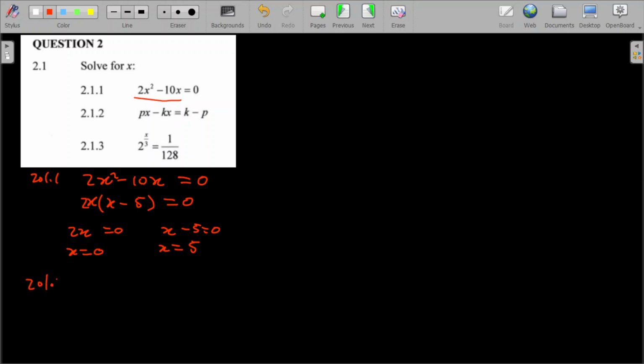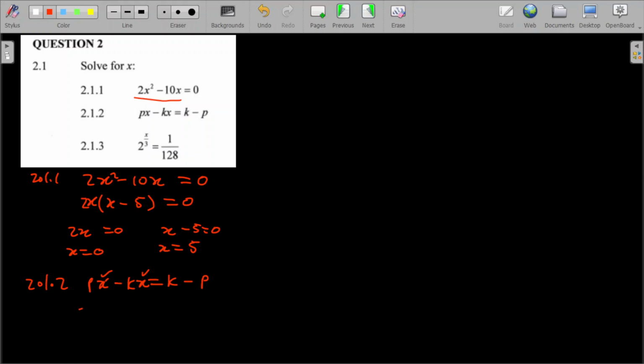So 2.1.2. So now px minus k is equal to k minus p. This is x here. Now from here, I hope you can see what I have here. I have x and x, which is a common factor.